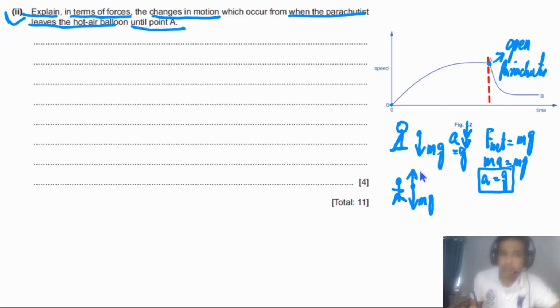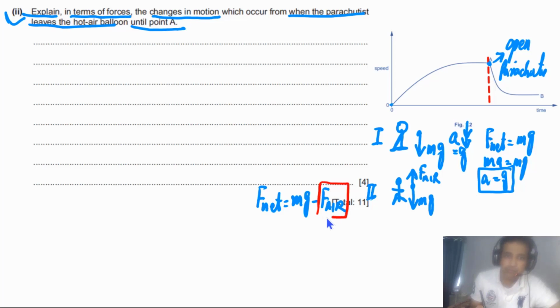Now in this case here we have F air, so this is air resistance. How about the resultant force now? So we can say this is case 1 and this is the second. In this case F net is equal to mg minus F air, and I hope now you will see that this F net is lower than mg because this term is subtracted.